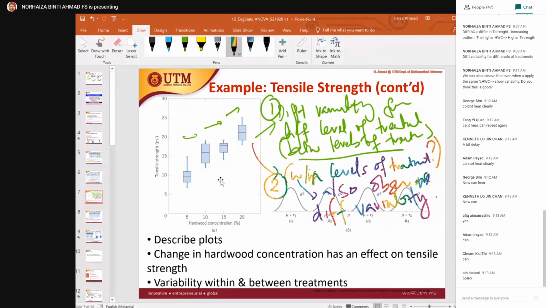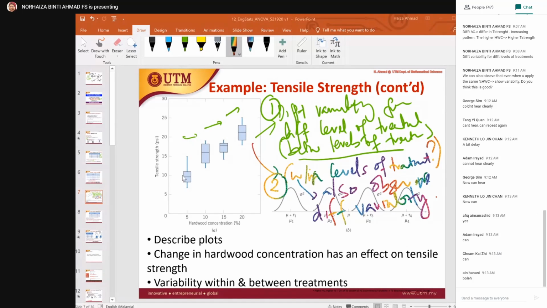Okay? But when you apply the same thing to your experiment, you don't expect this to be different, right? You don't expect variability in your observations. Betul? You don't expect different variability when you apply the same treatment to your observations.